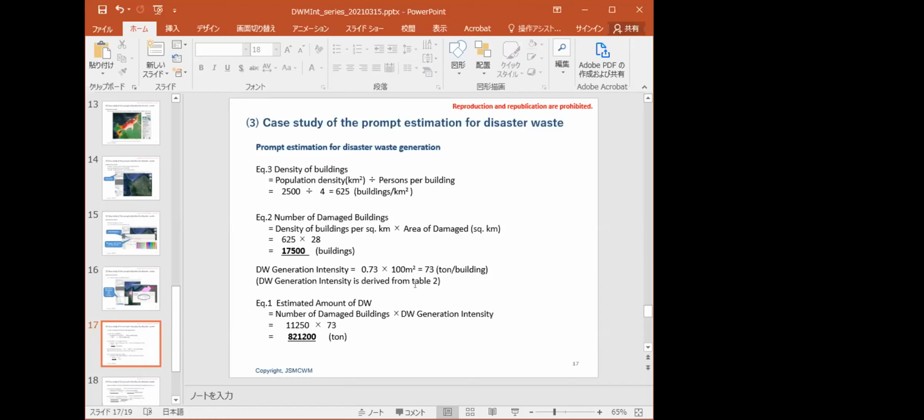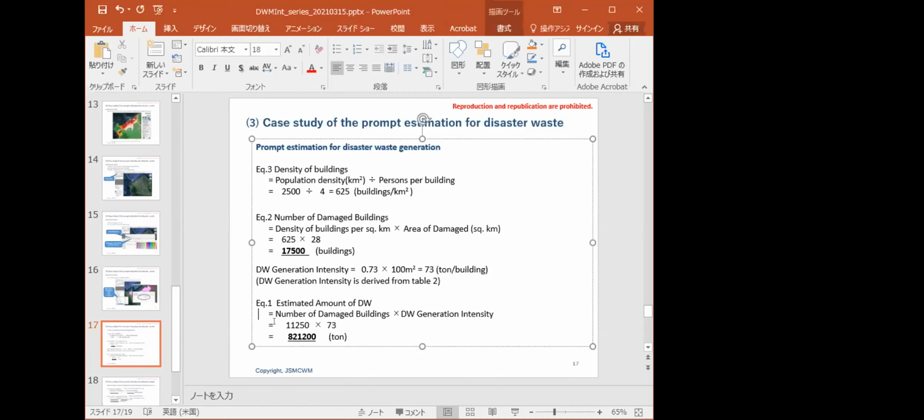And putting this number into equation 1, we can estimate this equation.